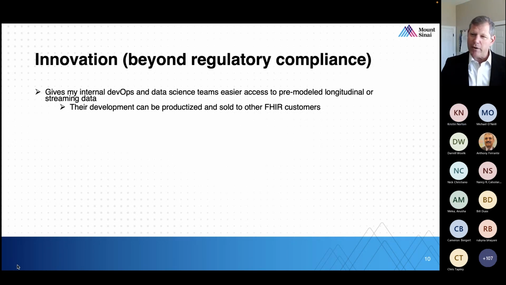If we can get them better, easier access to pre-modeled longitudinal and streaming data, and start centralizing that at scale, then they can develop things once, productize them, sell them to other FHIR customers, and roll them out to other parts of our organization more efficiently. Just a ton of value, even just with internal development.